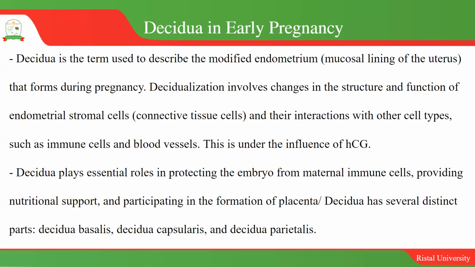So we said that the endometrium has to change. Okay, so the modification of the endometrium, the mucosal lining of the uterus, has to change during pregnancy, and we call it the decidua. Okay, so for these changes, or decidualization, to happen, we have changes in structure and function of the endometrial stromal cells, the connective tissue cells, and their interaction with other cells, such as the immune cells and blood vessels.